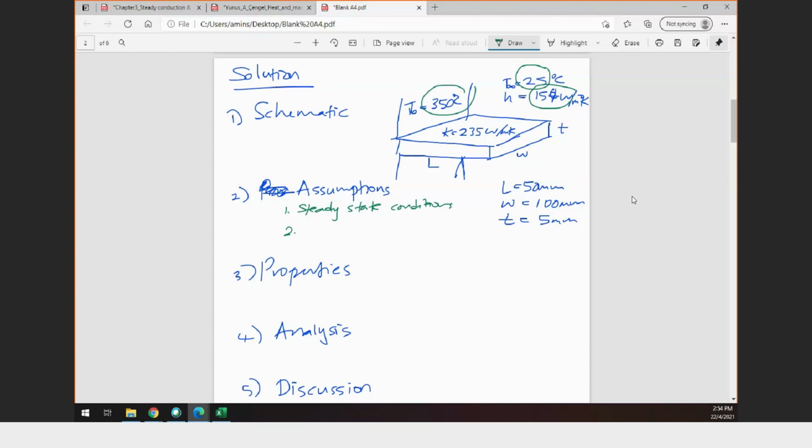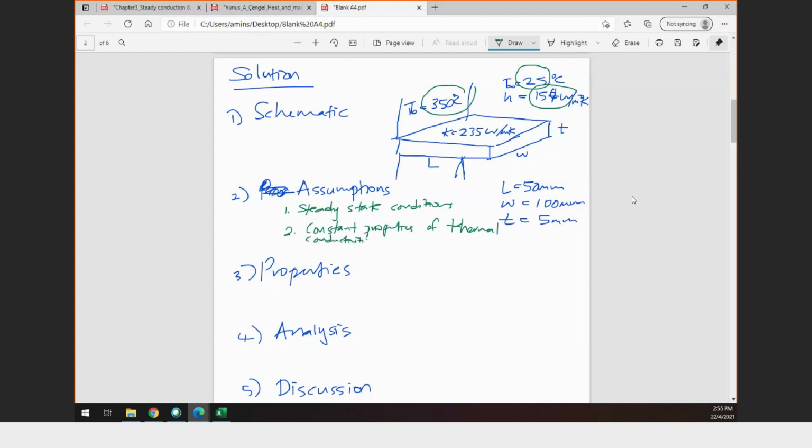Second, you can say that because we are dealing with some properties here, so the constant properties of thermal conductivity, of k value. You need to write down thermal conductivity.